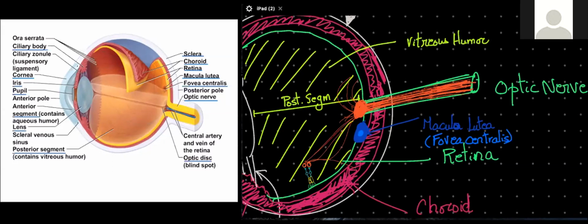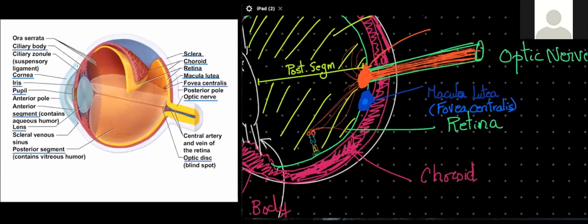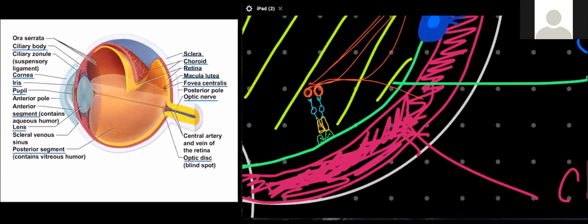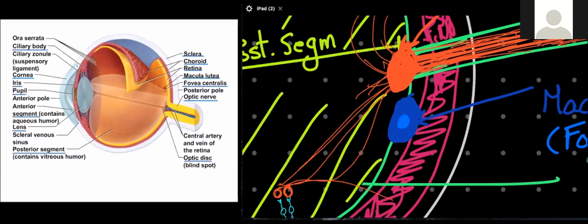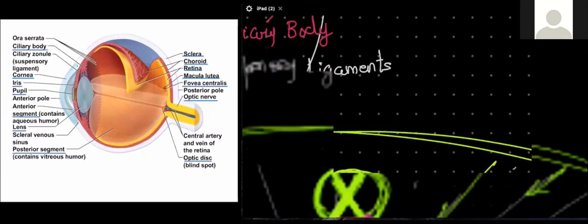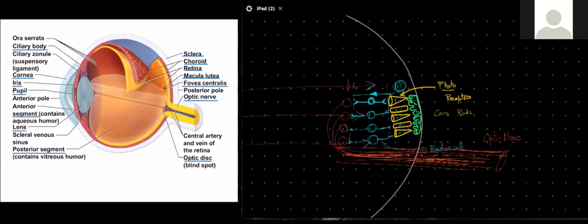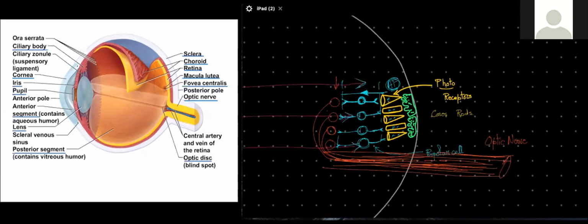Looking here closer to this part in the retina. This part in the retina doesn't have photoreceptors. It has only the axons of those cells. And we call those cells, by the way, here, those are my ganglion cells.